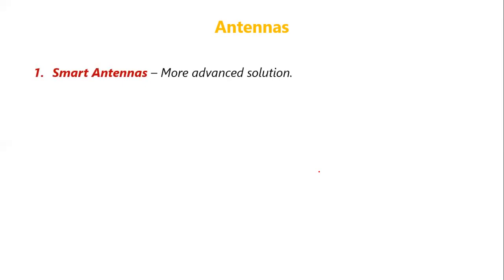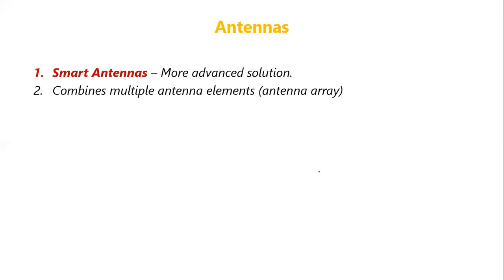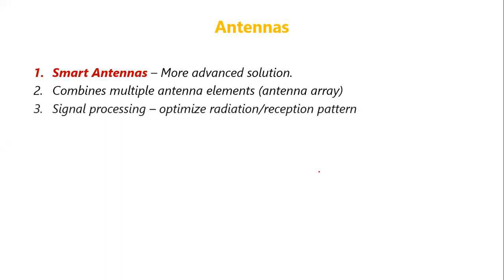The next type of antennas that we'll be discussing is called smart antennas. What is a smart antenna? It's a quite advanced solution. Basically, smart antennas are also multi-antenna elements, but they also perform signal processing in order to optimize the radiation and reception pattern.